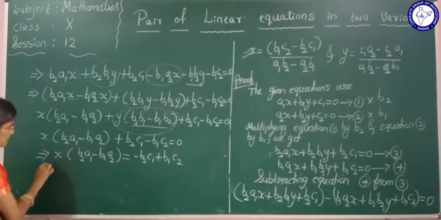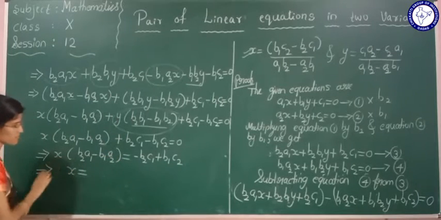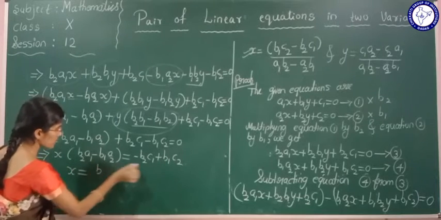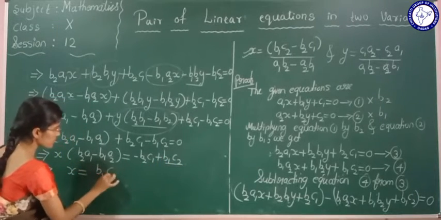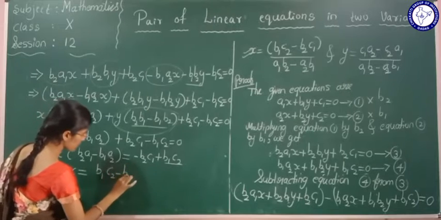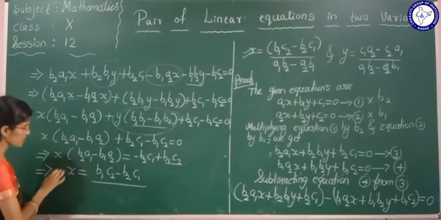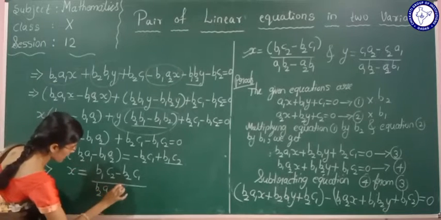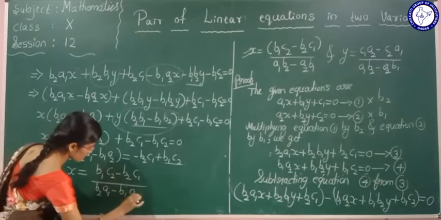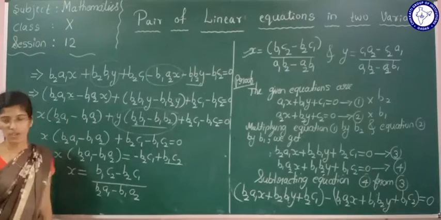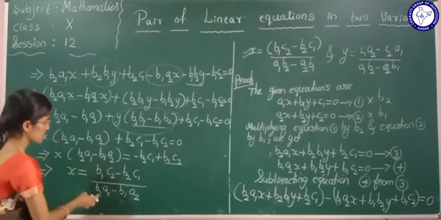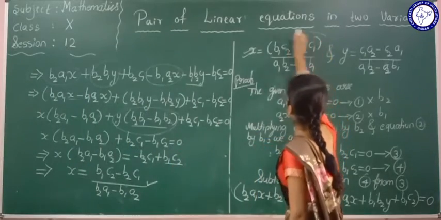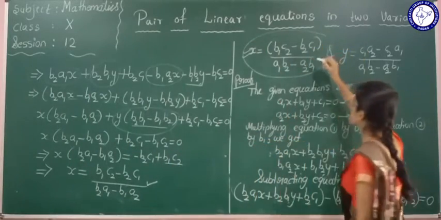So this implies x is equal to b1c2 minus b2c1 divided by b2a1 minus b1a2. Okay, so this is the same x value we got, no? We want to prove this only. This one we proved.